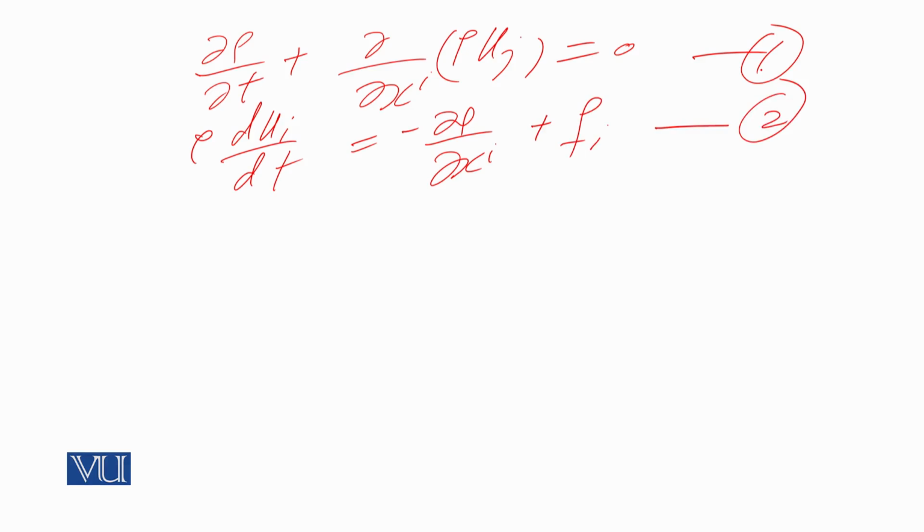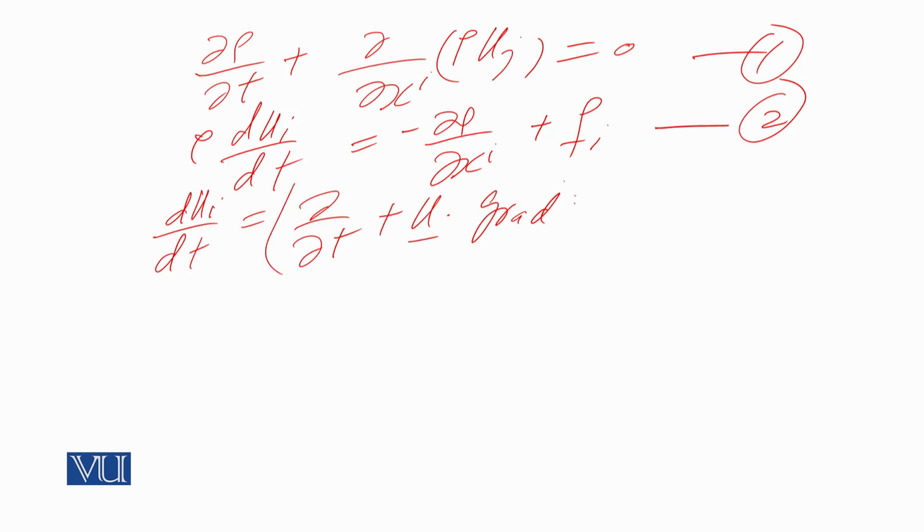Now we know the well known formula for operators that d over dt is equal to partial by partial t plus u dot grad. I am just using this formula here, and if you apply it on a velocity, you can write partial u_i partial t plus u_j partial u_i partial x_j. Call this number 3.